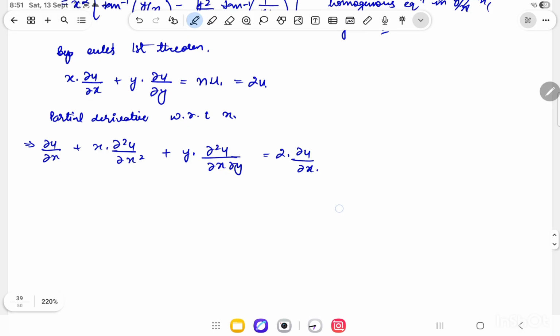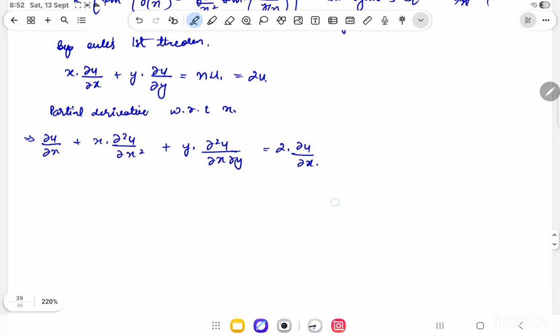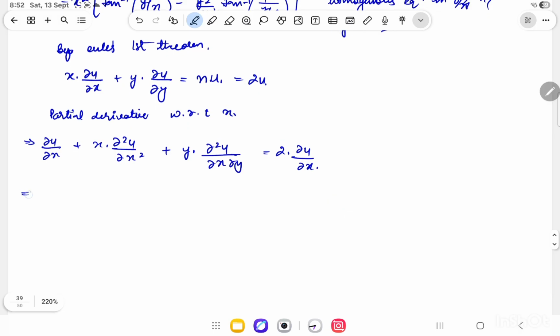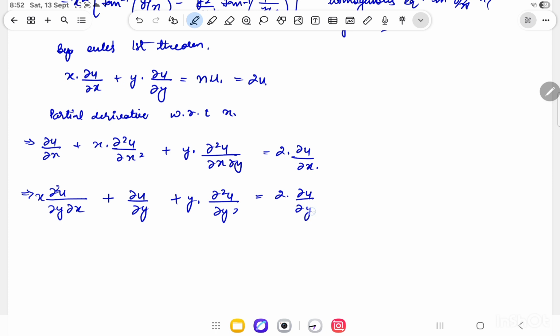Likewise, if I take its partial derivative with respect to y, we'll get x into del square u by del y del x plus del u by del y plus y into del square u by del y square is equals to 2 times del u by del y.